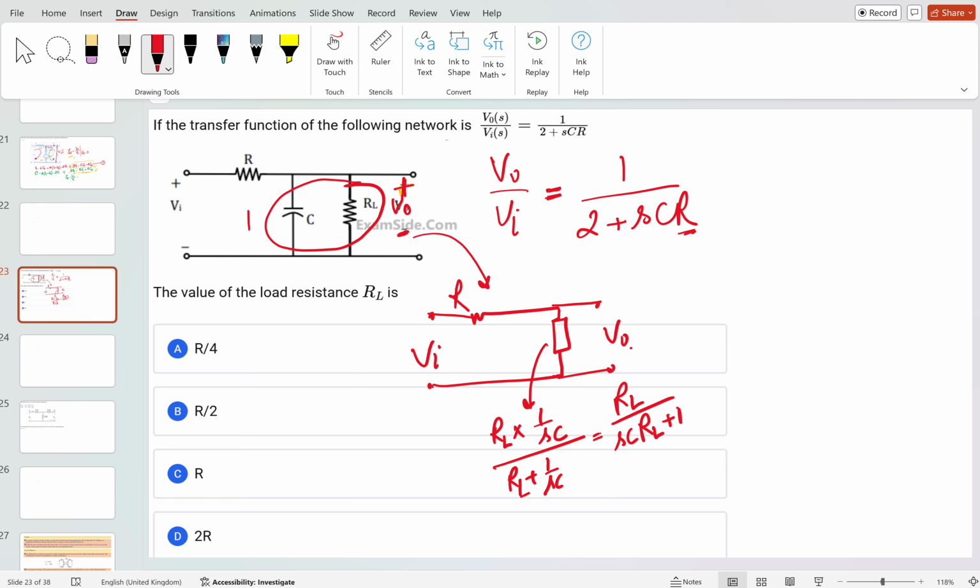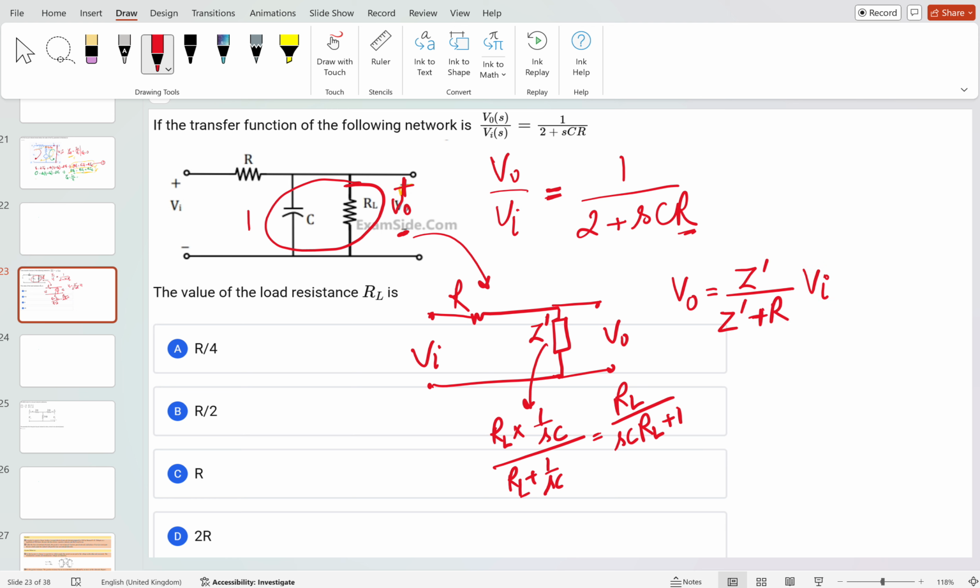By the voltage division principle, suppose this is Z dash. So V output will simply be equal to Z dash divided by Z dash plus R times V input.